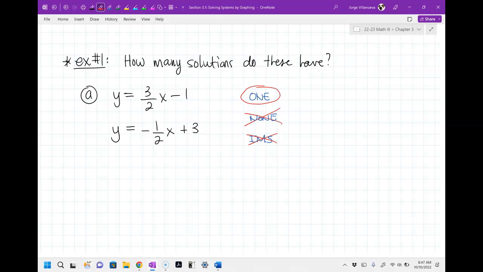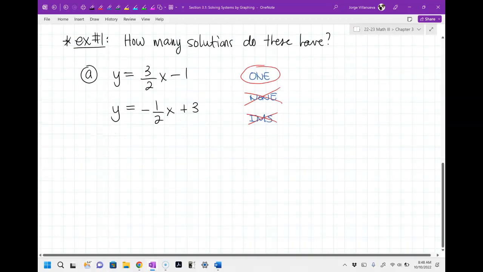Now, if you wanted to check that, this is why they said at the very top, use Desmos as needed, because you can graph this with Desmos just to check and see what happens. If you see them crossing at one point, they look kind of like an X, then yeah, one solution because they cross at one point.